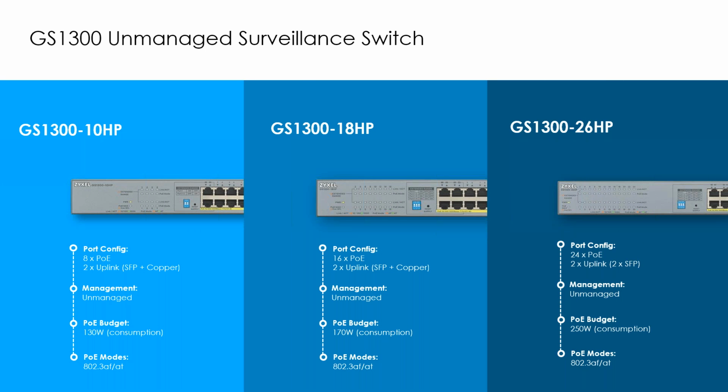The models that we have available are 1310 HP, 18 HP, and 26 HP. So the PoE budget is ranging from the smallest of 130 watts to the biggest of 250 watts. And all of these unmanaged switches are always in consumption mode. So they only allocate the amount of power to the powered device that it actually requires.